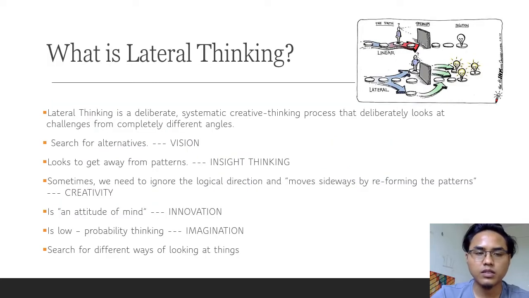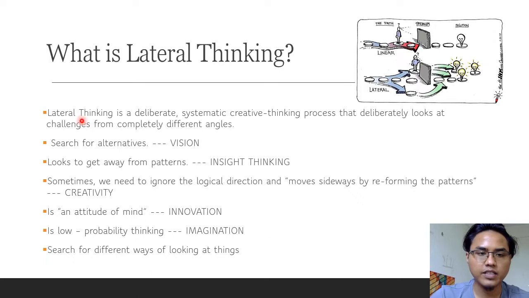So now we go to what is lateral thinking. Lateral thinking is solving problems through an indirect and creative approach. It uses reasoning that is not immediately obvious and involves ideas that may not be obtained by using traditional step by step logic.